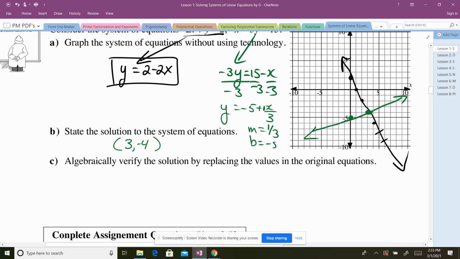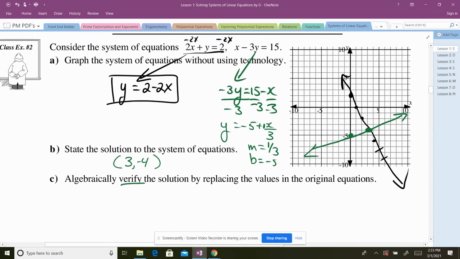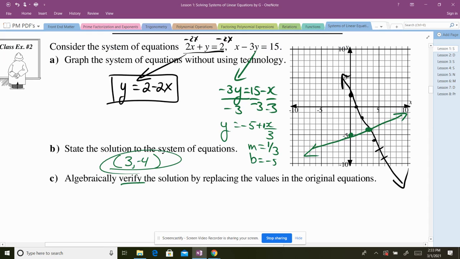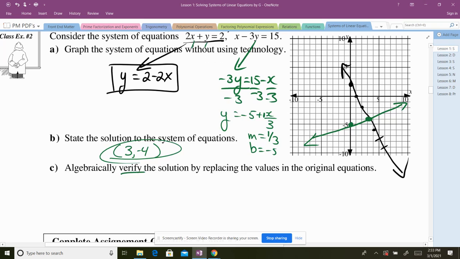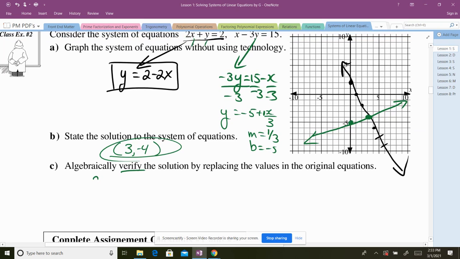Now, you can always check or verify your answer. So if I'm saying that 3 and negative 4 is the answer, if I plug in 3 and negative 4 for x and y into each of these original equations, I should get a true statement. So for example, we have 2x plus y is equal to 2.